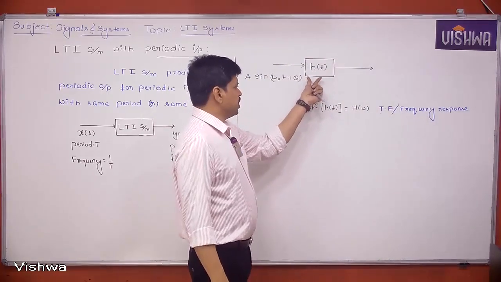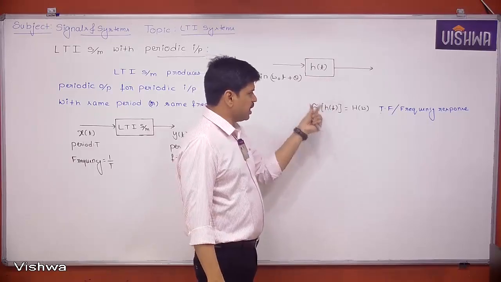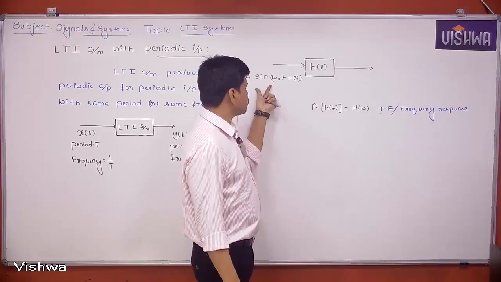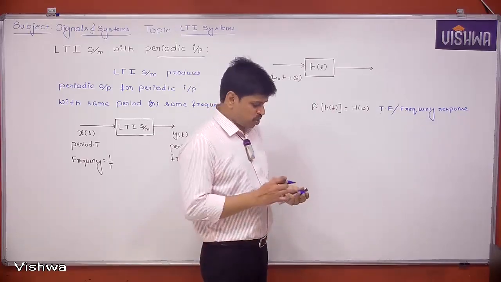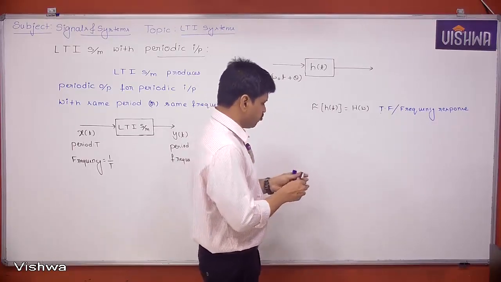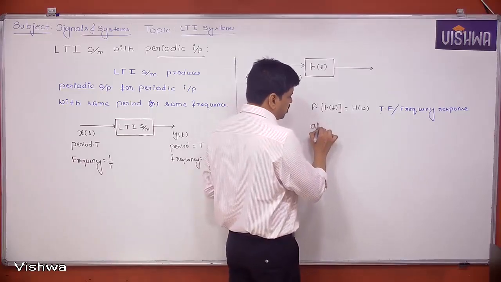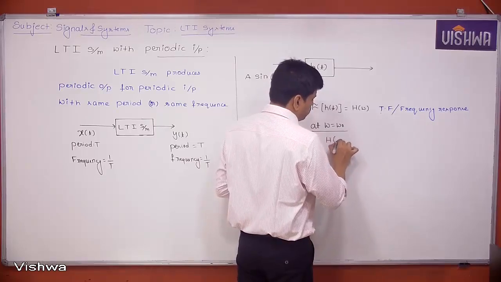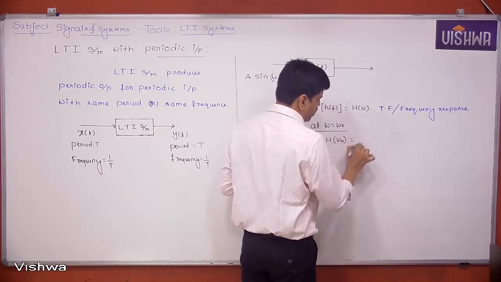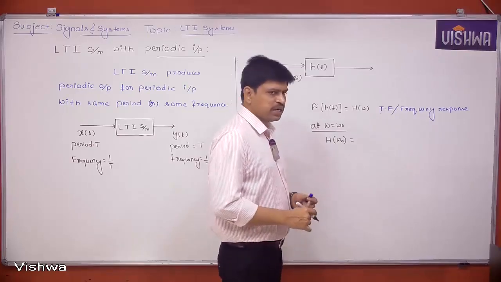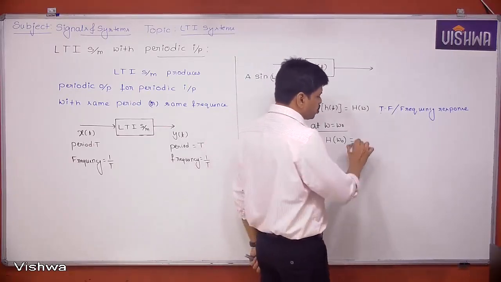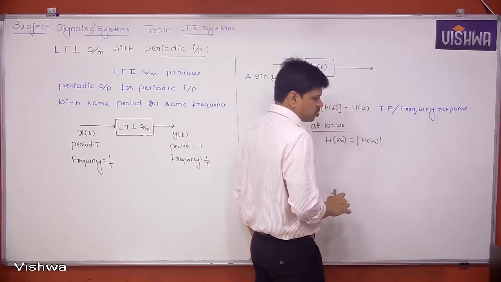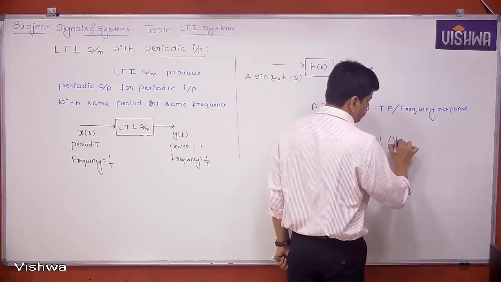For an LTI system, h of t is the impulse response, and H of omega is the frequency response. If the input is this one, what kind of output are we expecting? First, we have to calculate at omega equal to omega naught, what is H of omega? That is H of omega naught. Usually H of omega naught is a complex number, so it has both magnitude, that is mod H of omega naught, and angle of H of omega naught.